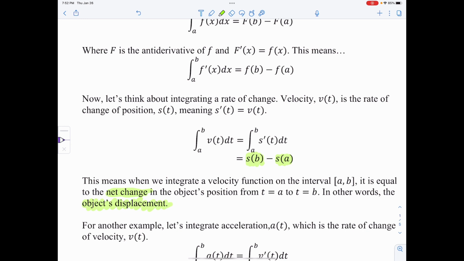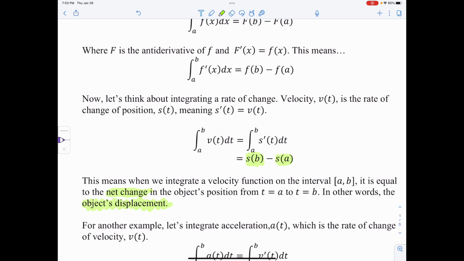If you thought about having a particle moving in a horizontal line, going left or right, negative velocity would indicate that the particle is moving to the left, and positive velocity would indicate that the particle is moving to the right. So as time is passing, the particle is going to the left, and then to the right, and then to the left a little bit, but not so much, and then to the right again.